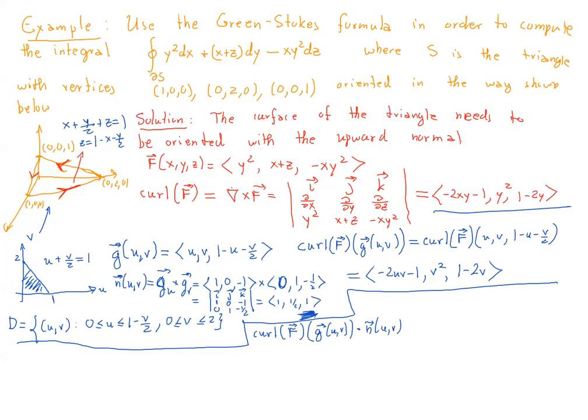So this will be (minus 2uv minus 1, v squared, 1 minus 2v) dot (1, 1/2, 1). This gives minus 2uv minus 1 plus v squared over 2 plus 1 minus 2v. Not an awful amount of cancellations, but we get v squared over 2 minus 2uv minus 2v.